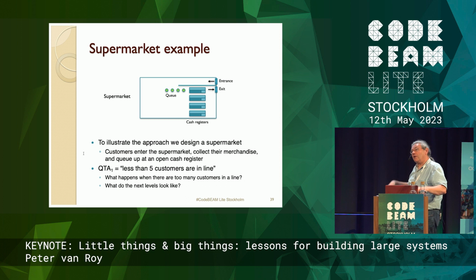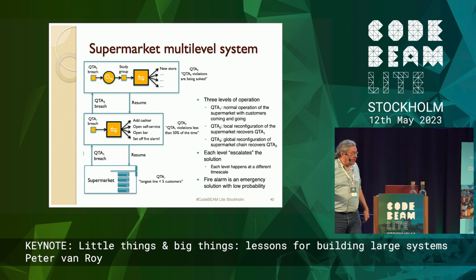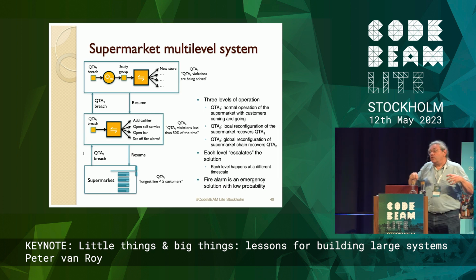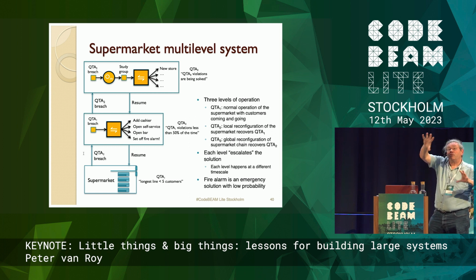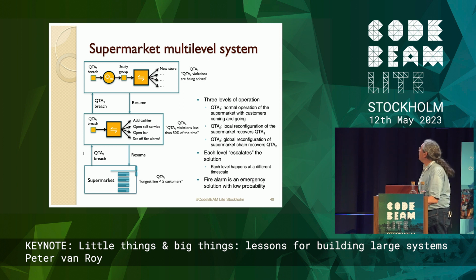Well, actually, supermarkets are built using this approach, and you can see that the software and the human organization merge kind of seamlessly here. So the bottom level is the supermarket here, longest line less than 5 customers. If you breach this, you go to the second level, and the QTA of the second level is that you have not more than 50% of QTA1 violations.